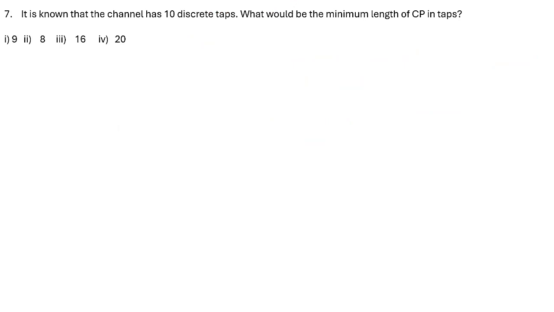So the seventh question says the channel is known to have 10 discrete taps. What should be the minimum length of the cyclic prefix in taps?